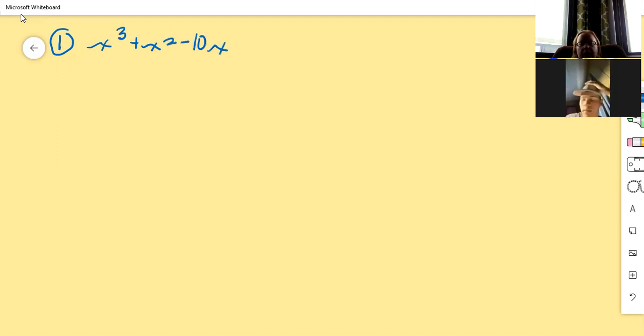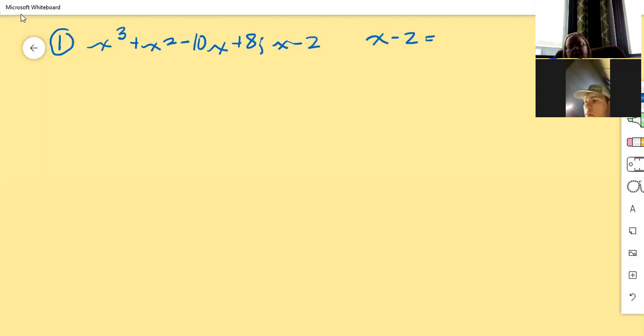And then it says x minus 2 is a factor. So that means we have to find what x is. I'm going to set x minus 2 equal to 0, so x here is going to equal the number 2.